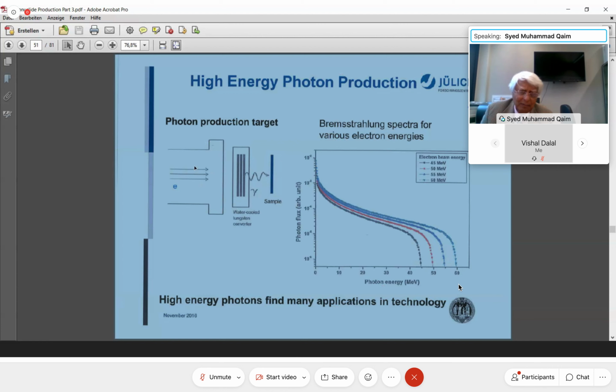And if you have 45 MeV, then you have changing here. So these are the spectra of photons shown for electron energies between 45 MeV and 60 MeV. See, with the change in the energy of the electron, the photon spectrum changes, and the cross-section changes, and one can produce isotopes using one of these spectra. So there are many applications in technology of these photons, but our interest is in the isotope production.